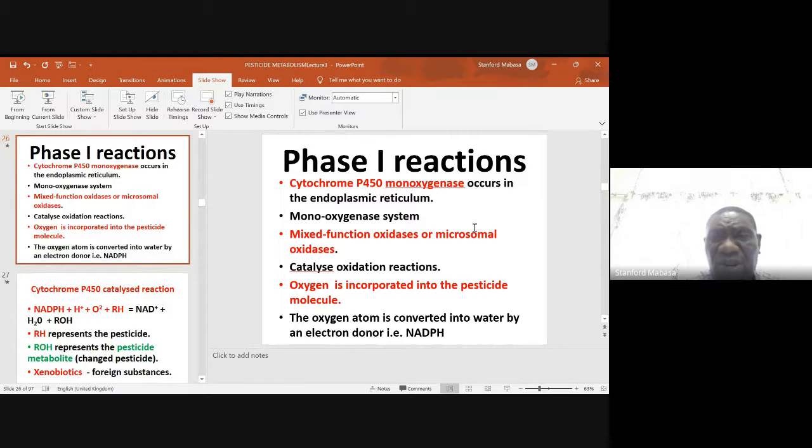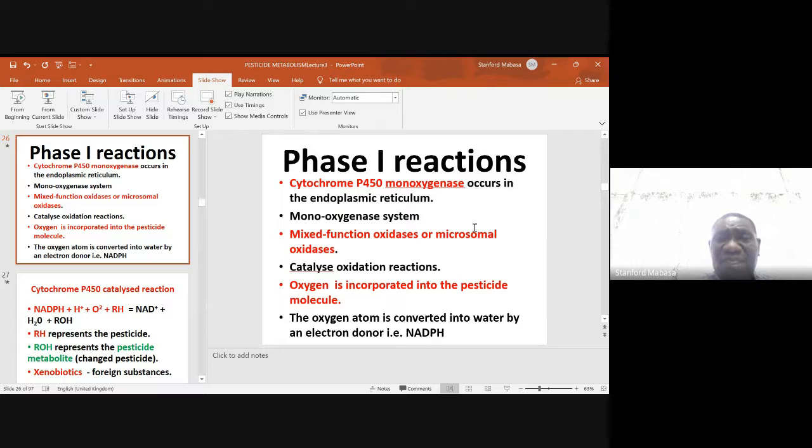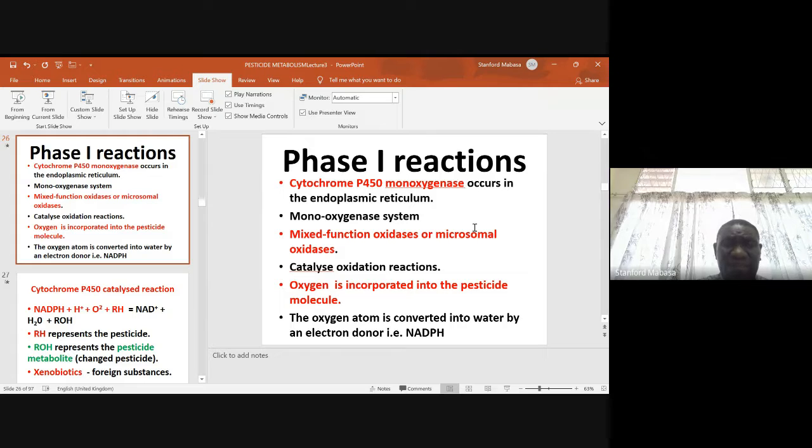Now let us focus on cytochrome P450 monooxygenase, which is the enzyme which facilitates breakdown of chemicals or pesticides in living systems. Now, cytochrome P450 resides in the endoplasmic reticulum in the cells. It can form what is known as the monooxygenase system because it adds oxygen to the pesticides.